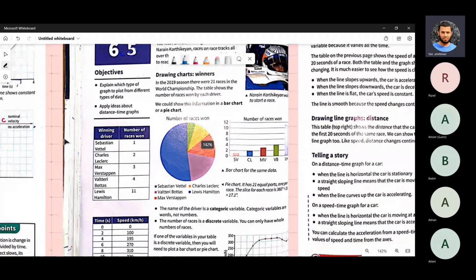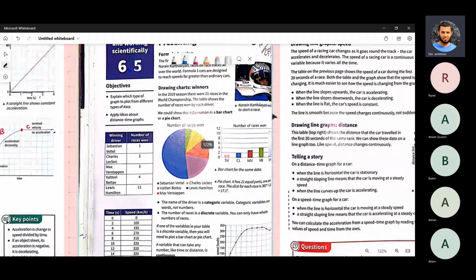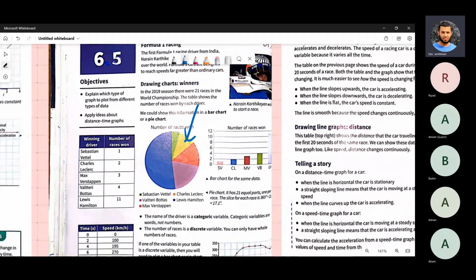Okay. Now, we can represent data in many forms. We can represent it in a pie chart, in a bar chart, in a line graph. There are many, many ways.